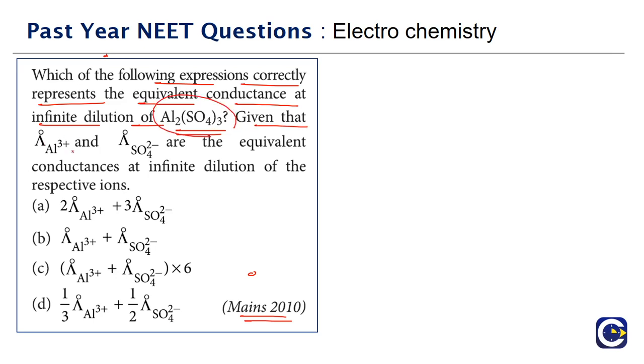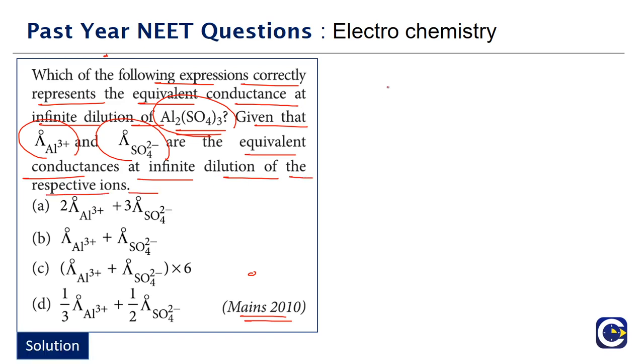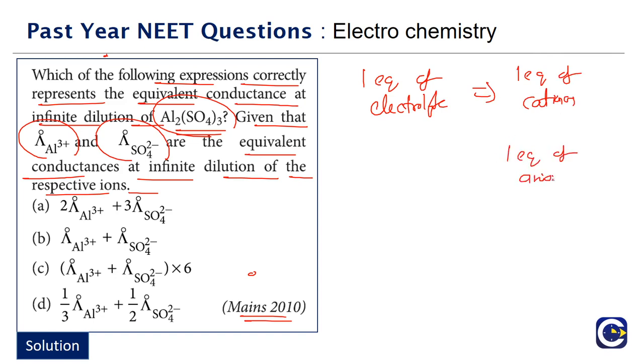Given that lambda naught Al3+ and lambda naught SO4 2- are the equivalent conductances at infinite dilution of the respective ions. So if you have one equivalent of electrolyte, always one equivalent of electrolyte will give us one equivalent of cations and one equivalent of anions.